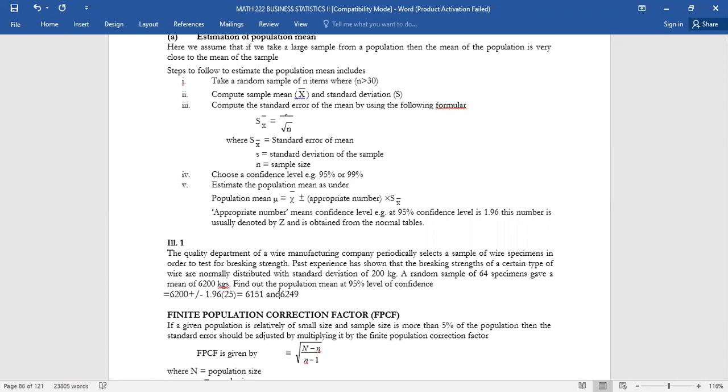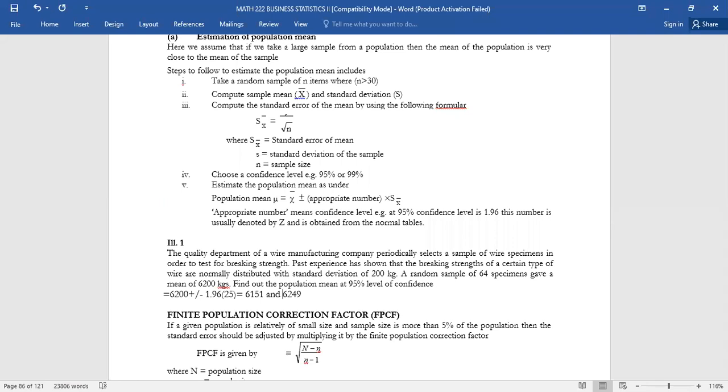No, it should be 'and'. These conjunctions have a meaning in statistics. So at 95% level of confidence, our population mean will be in between 6,151 and 6,249. Because our data is a normal distribution, meaning it is not positively or negatively skewed, we expect that our population mean will lie between 6,151 and 6,249. Are we there?